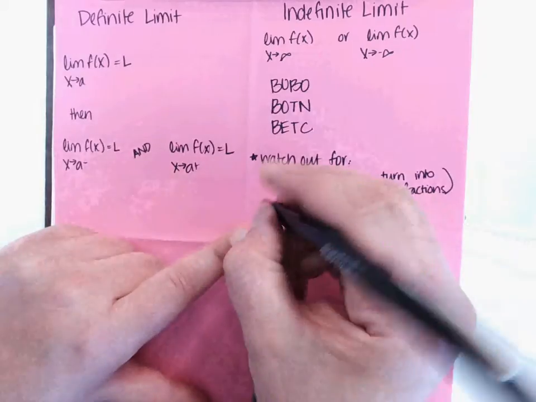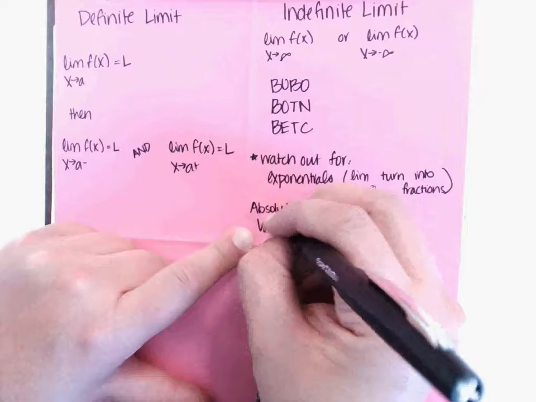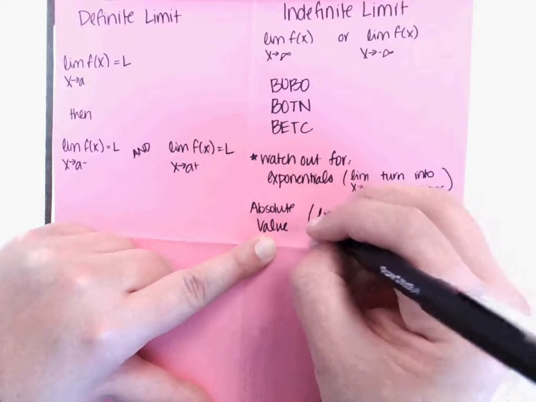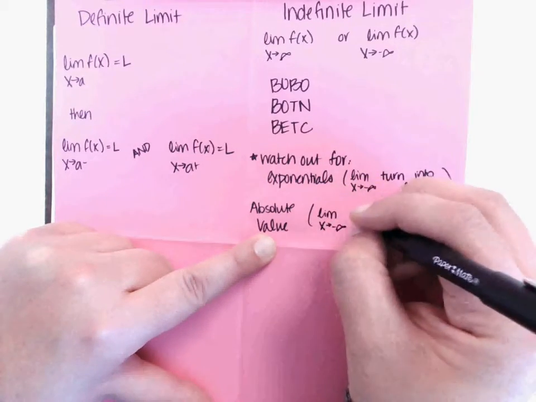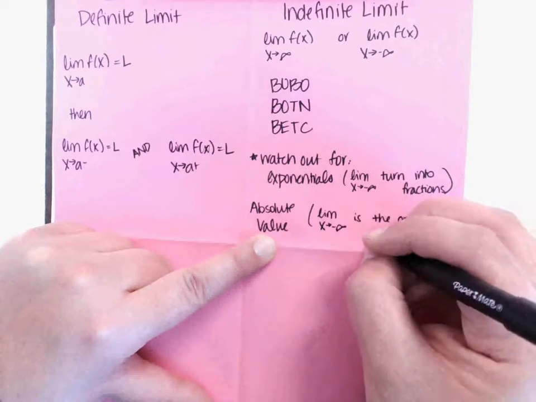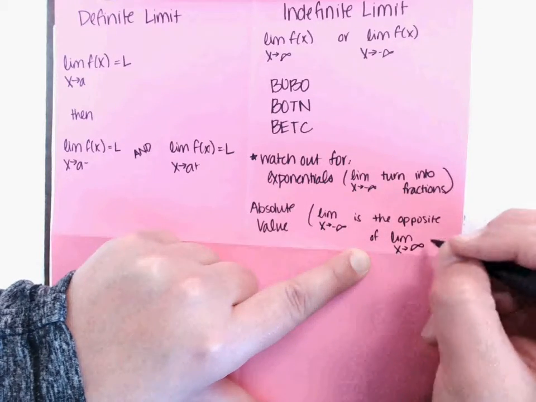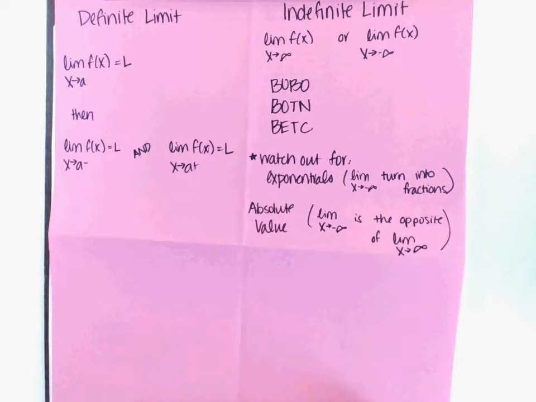And then absolute value: your limit to negative infinity is the opposite of the limit to infinity. Okay? So remember, those are the two you have to watch out for. Exponentials can turn into fractions on you, and then your limits for absolute value approach opposite. So if one side's a half, the other side's negative a half. Good?